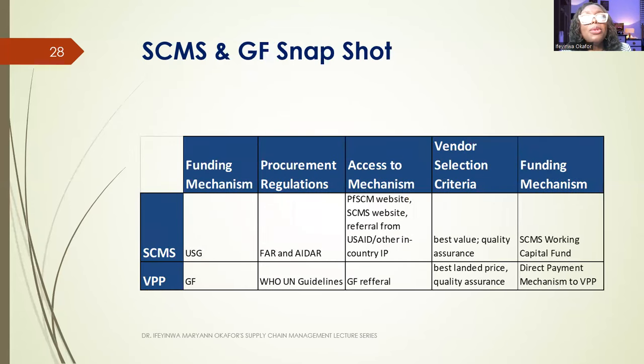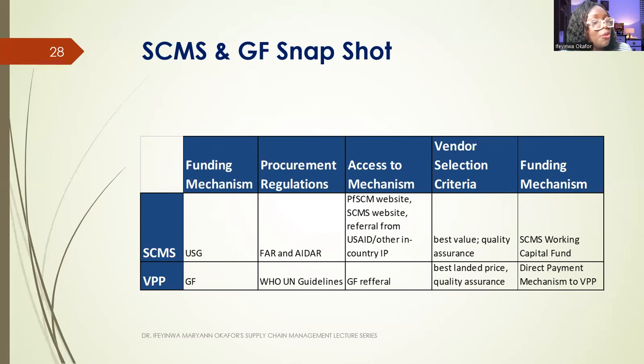Now, this is a snapshot of the Supply Chain Management System and Global Fund mechanisms. For the Supply Chain Management System, the funding mechanism is the United States government, and the procurement regulation is the FAR and USAID Acquisition Regulation.